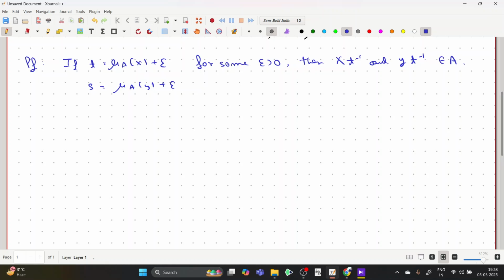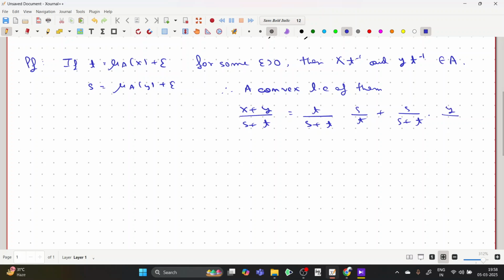And since A was a convex set by our hypothesis, therefore a convex linear combination of them works: x plus y by s plus t is equal to t by s plus t times x by t plus s by s plus t times y by s.